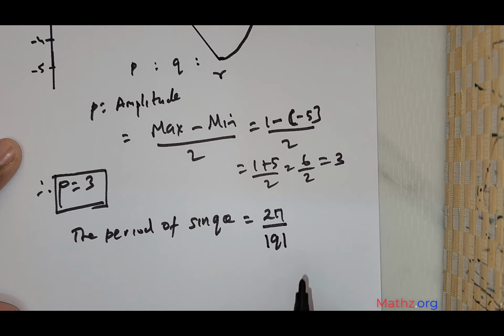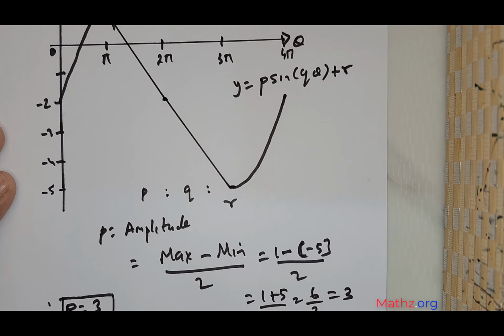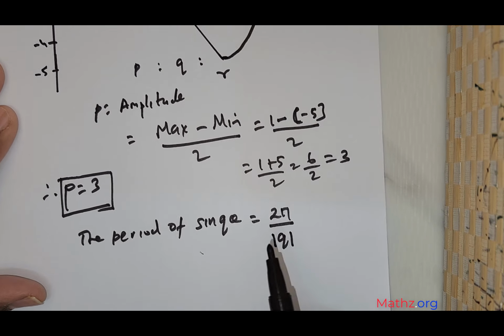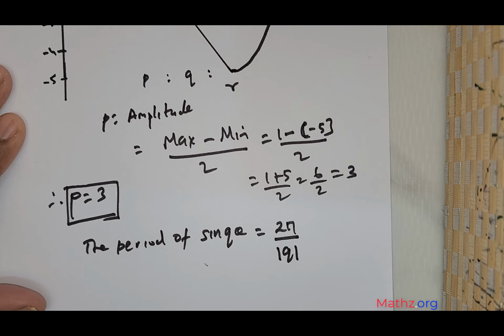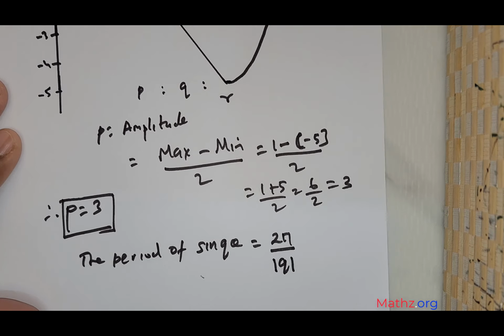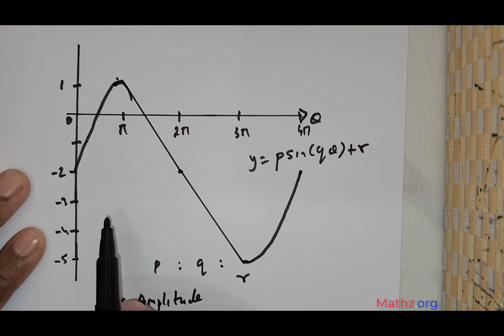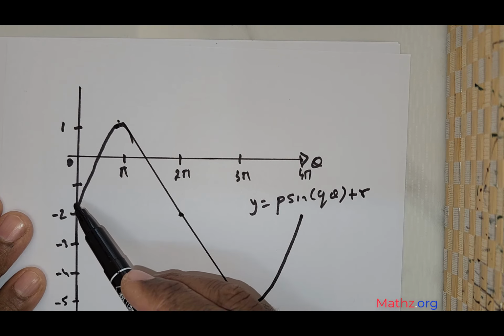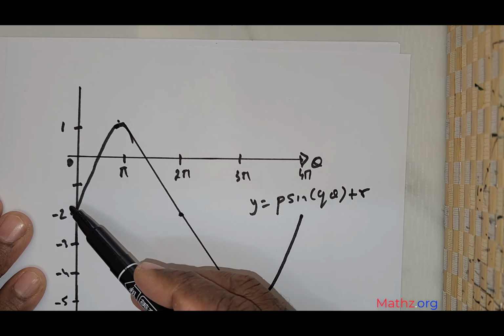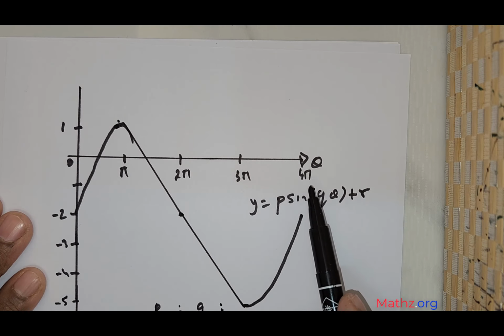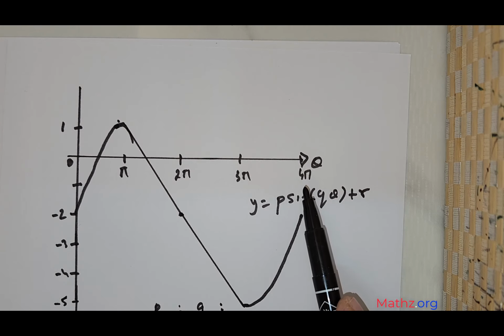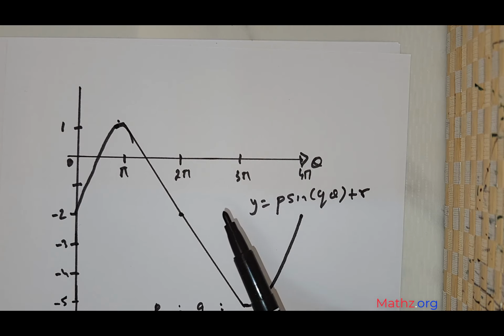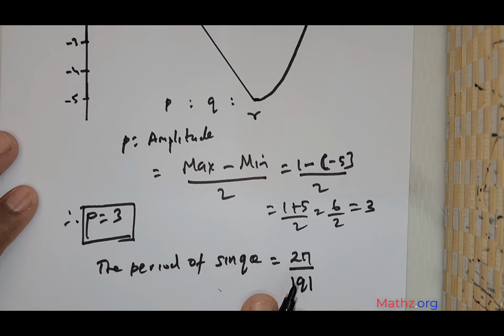This is the period. It comes from the sine component. Now go to the curve. You see the curve? The curve starts from 0 and then goes all the way to 4 pi, right? So this is the period. That means one complete cycle is got from theta is equal to 0 to 4 pi.